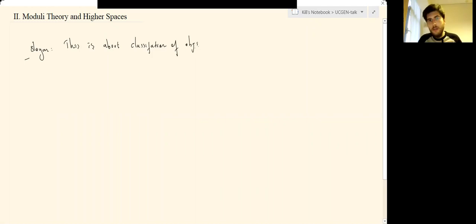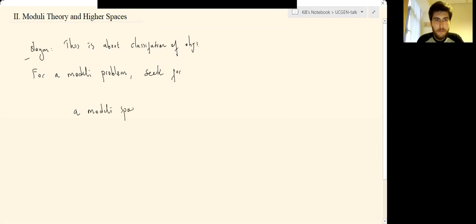Fine, but at the end of the day, how can we capture this information? For a moduli problem, we are seeking a specific space, which is called a moduli space, let's say M, having those properties.